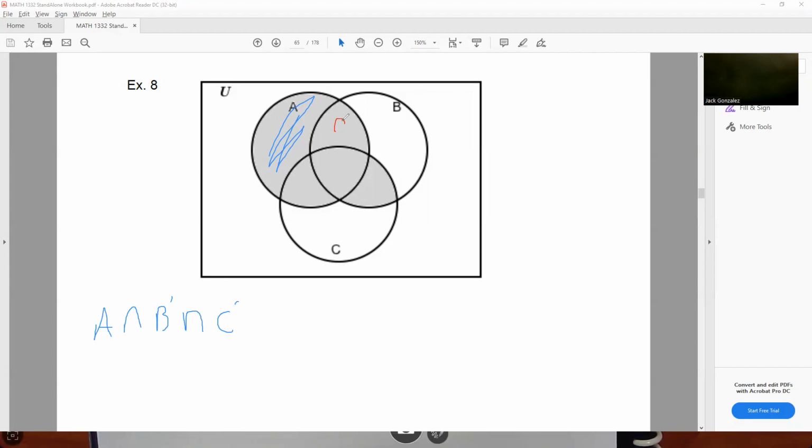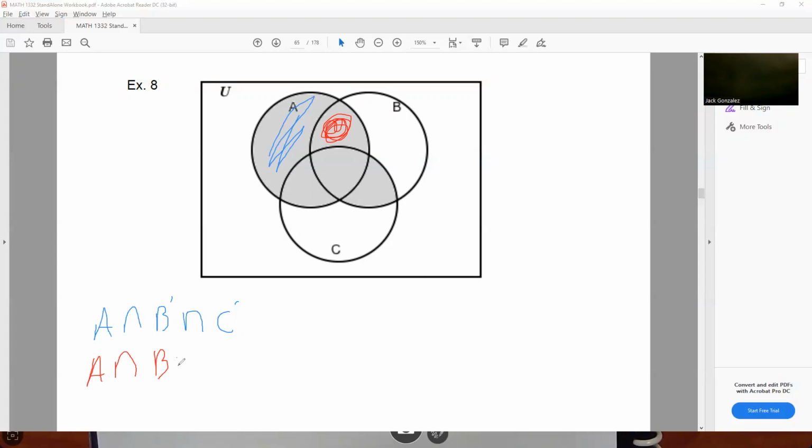Now for this piece, I would use A intersect B, right? That gives me this entire middle part, but I don't want this piece.